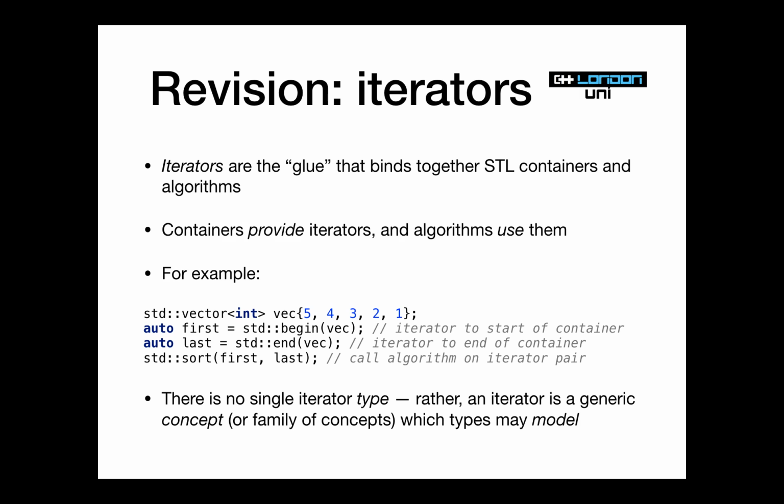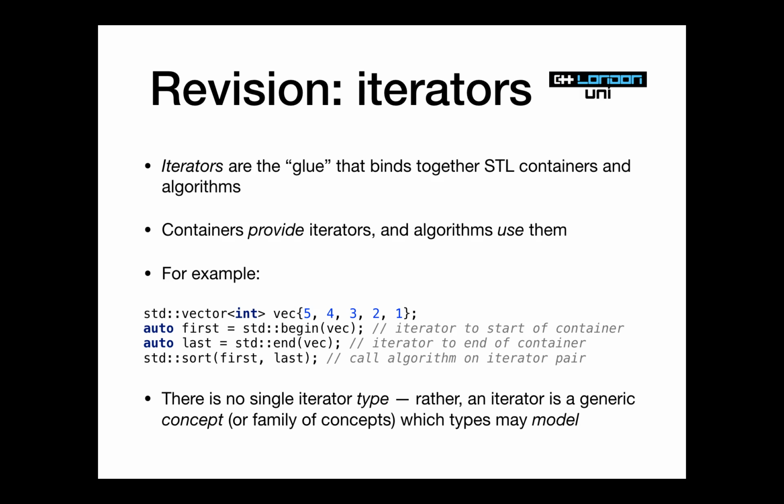So something is an iterator if it does the things that an iterator should do. It's what's called duck typing. If it looks like a duck and it walks like a duck and it swims like a duck, it's a duck. Right? So this uses duck typing.